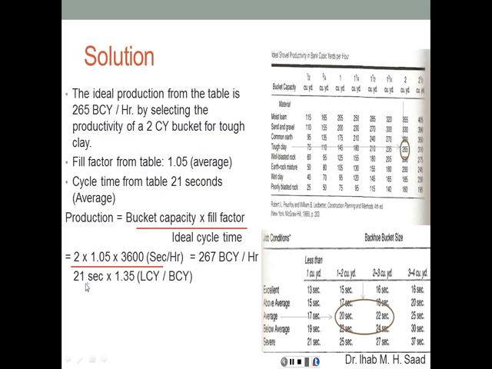And we basically divide 21 by 3600 to convert from seconds to hours, so we put the 3600 above here. Divided also by the load factor to convert from loose to bank cubic yards based on the swell factor that we already had, which is 35%.